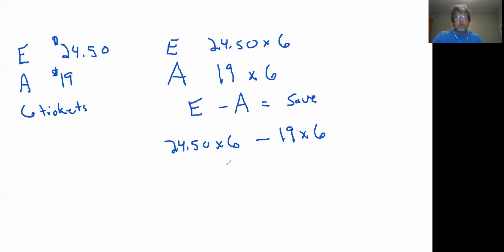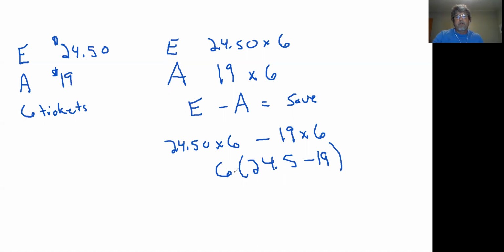But what I can do is use parentheses and rewrite the problem as the 6 on the outside of the parentheses, and I have the 24.50 minus the 6. I'm sorry, minus, let me clear that there, erase it. So minus the 19, that would be another way to do it.